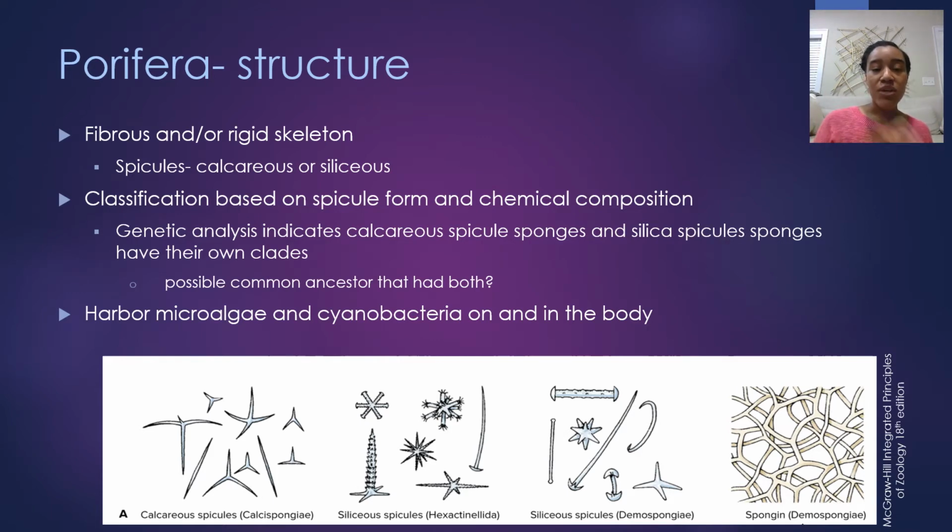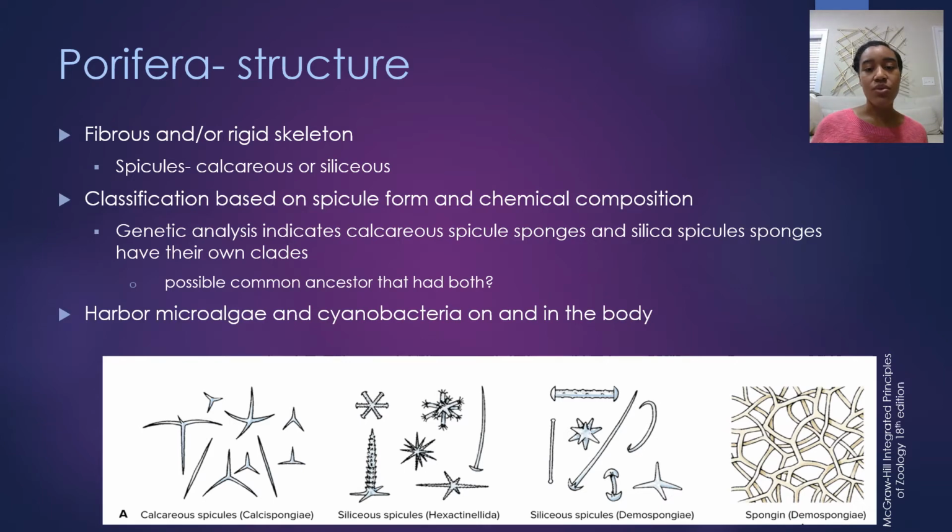And the types of spicules that are formed are one way that taxonomists go about classifying different sponges, in addition to the chemical composition of that sponge. So this image down here shows you some different spicule formations that can occur in different phyla of sponges.